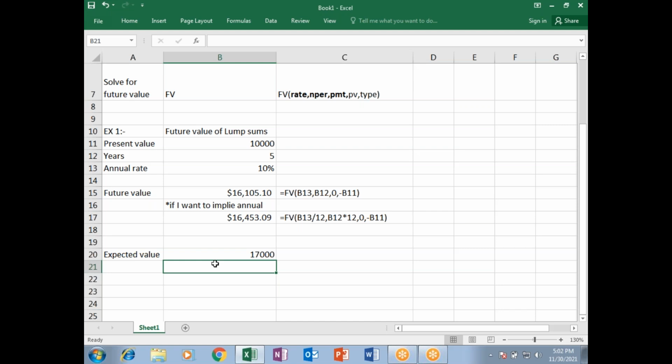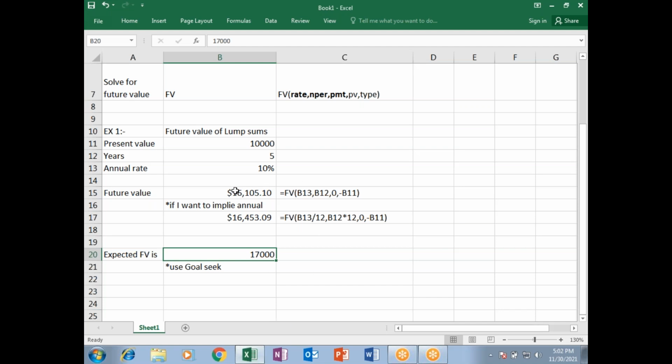So I'll be using the goal seek function. The expected future value is 17,000. So I will be using goal seek. Whenever I use this goal seek, remember there should be a formula where you are going to expect the value.